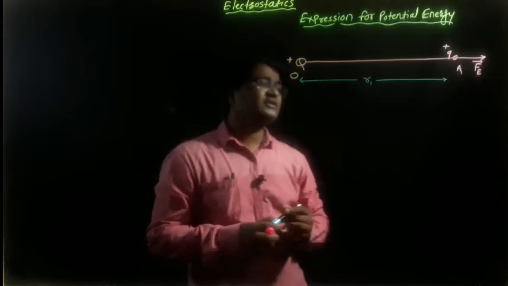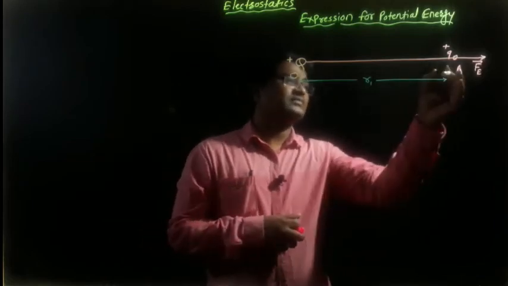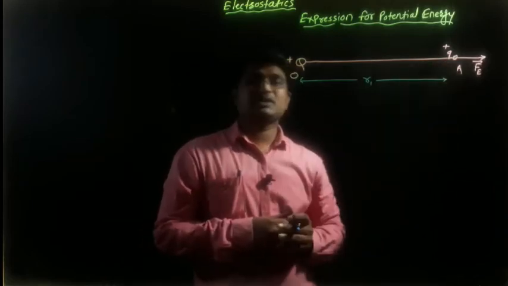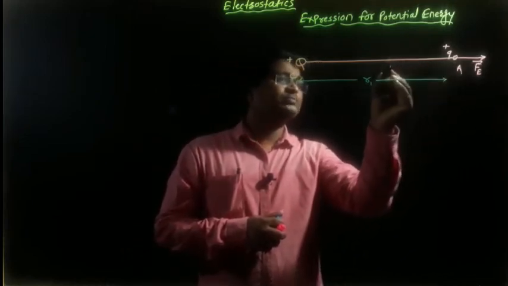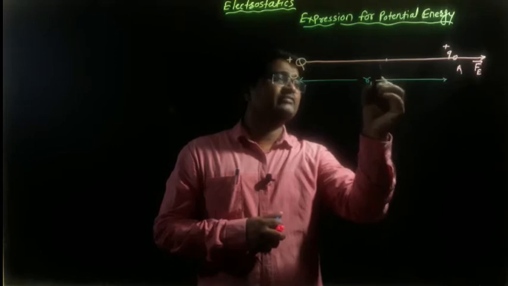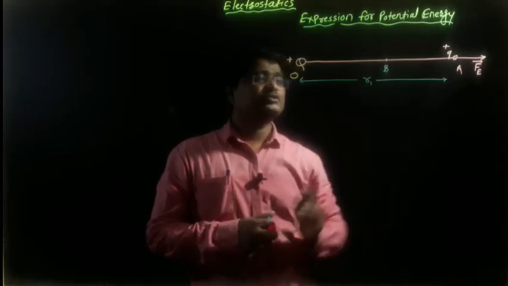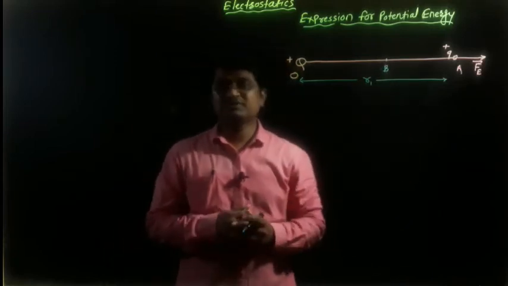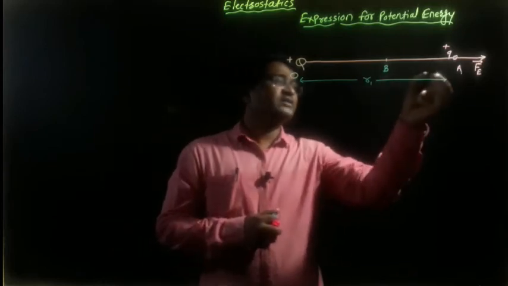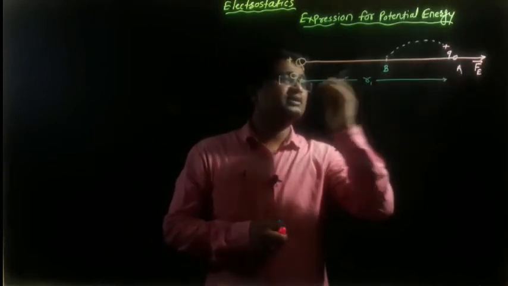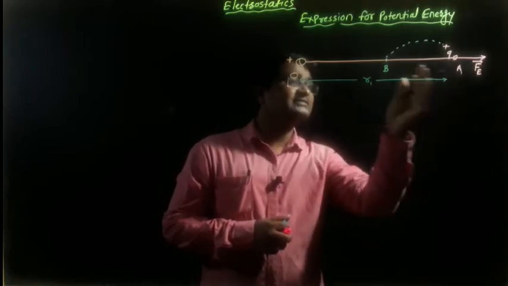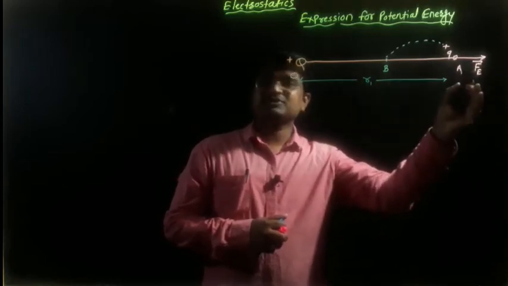So after that, what happened? Now this unit positive charge will move from A to B. Imagine that its final point is denoted here by B. So B is the final position of the unit positive charge. When this unit positive charge moves and reaches here, it is performing work exactly opposite to the electrostatic force.